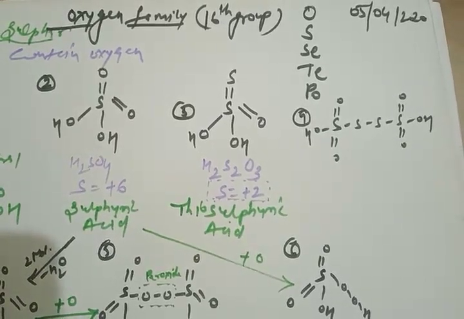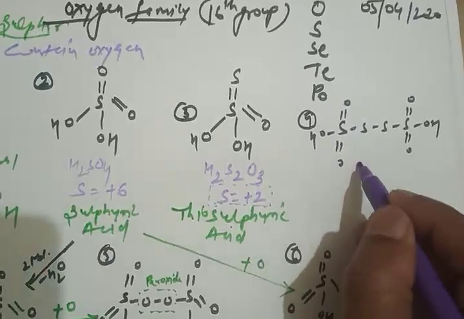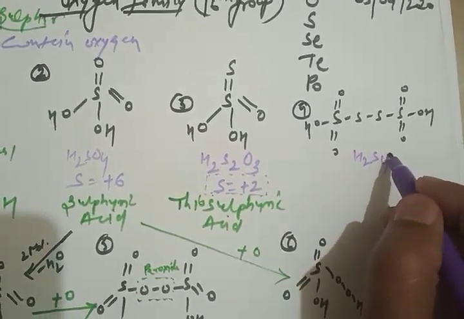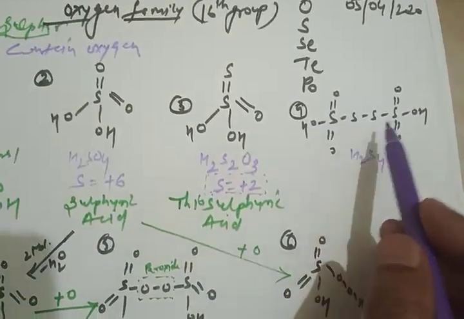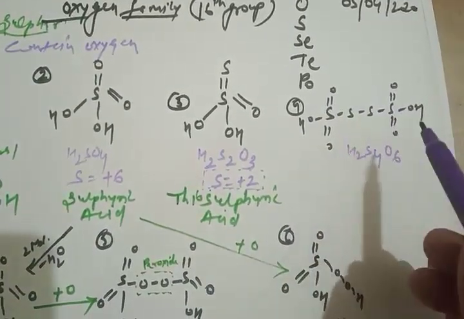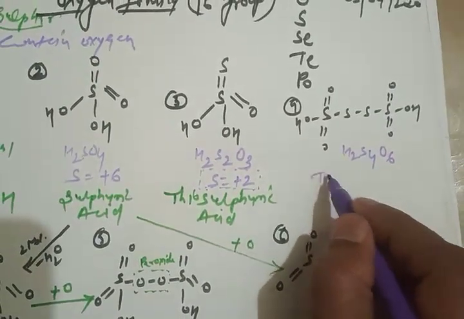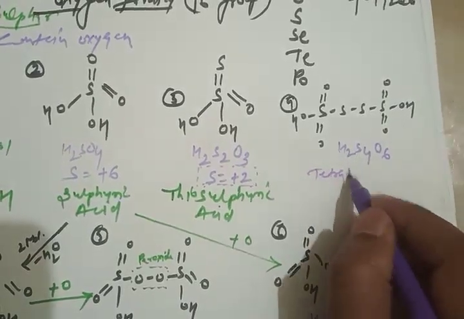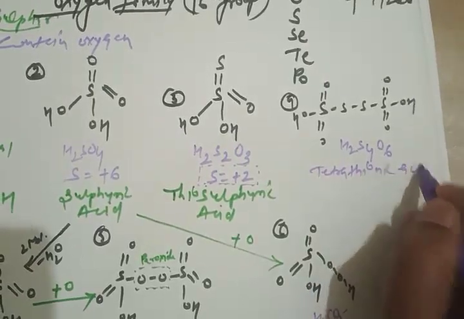Here the formula is H2S4O6. So here we have 4 linkage of sulfur, that is the thio group. So it is called tetrathionic acid.